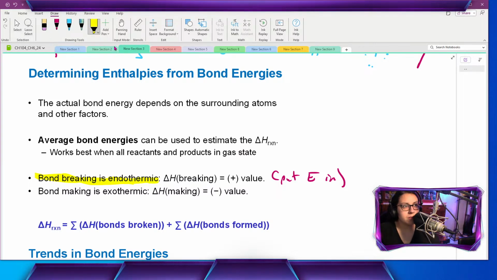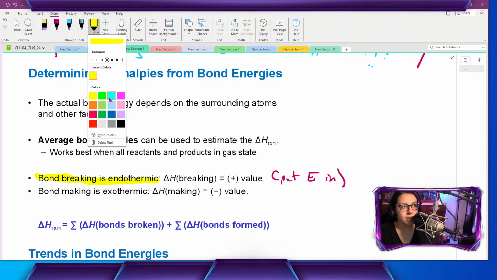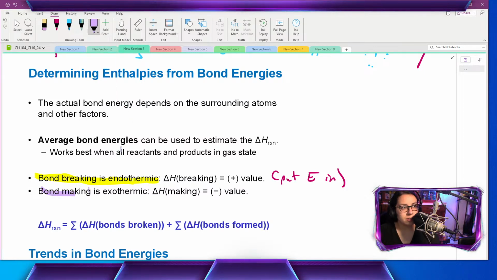And then bond making is exothermic. Like I mentioned, that's a favorable process, and so you get energy back from that. That's symbolized by a negative value, so energy is put out.